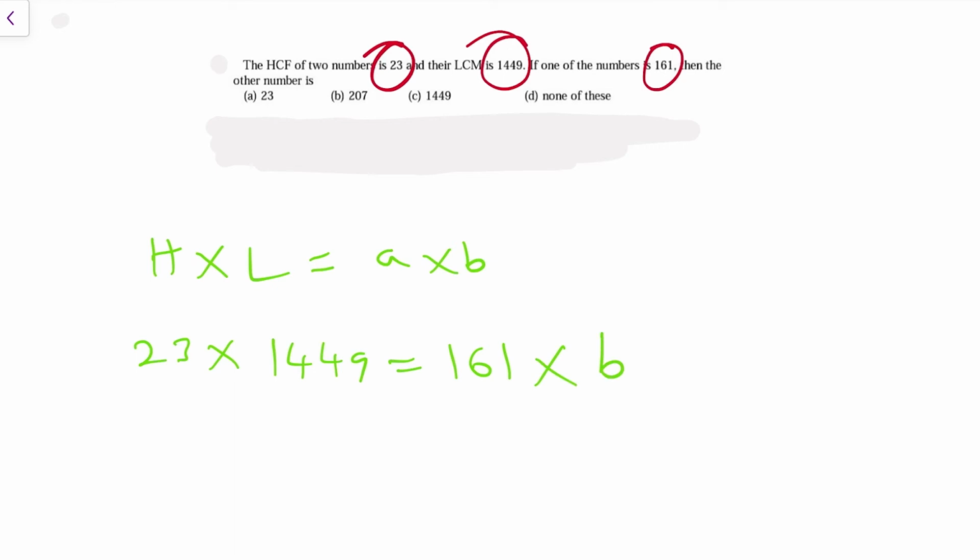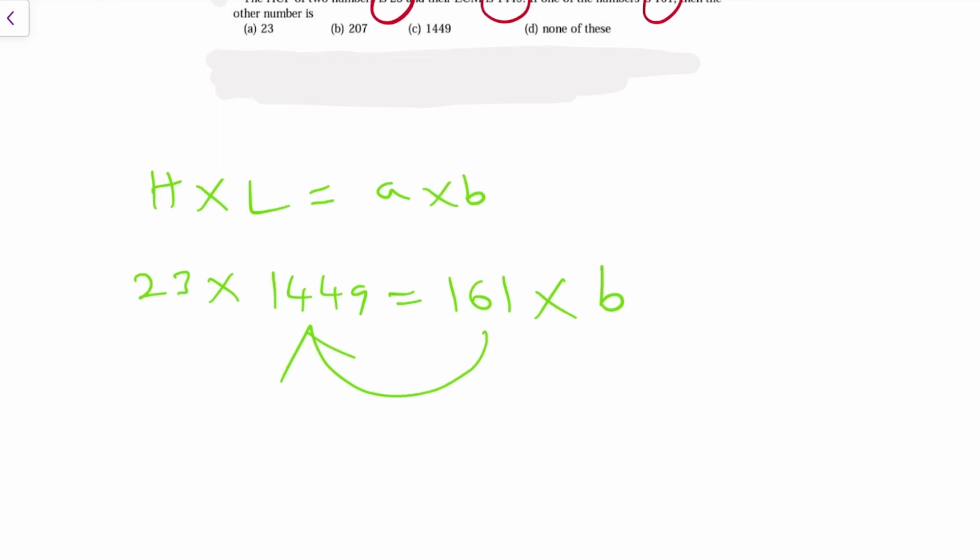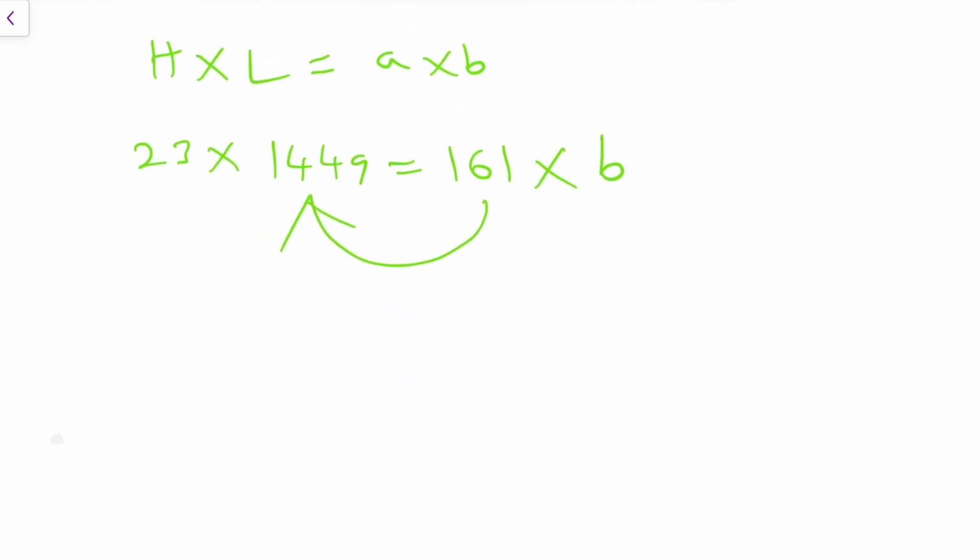Taking 161 to the left side, multiplication becomes division. So our answer will be 23 times 1449 whole divided by 161.